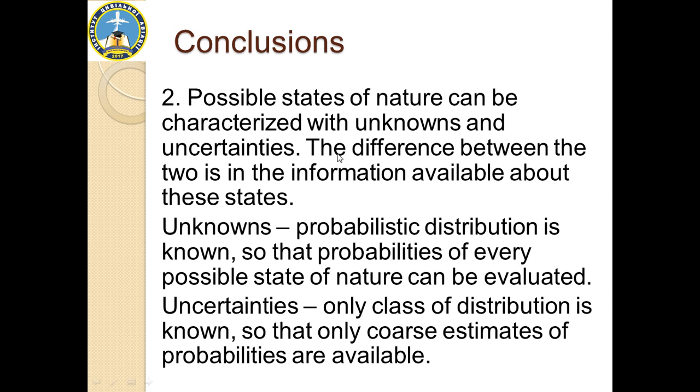Unknowns involve a probabilistic distribution. Unknowns means that the probabilistic distribution is known, so that the probabilities of every possible state of nature can be evaluated. Uncertainties, we know only the class of distribution, so we can have only coarse estimates of probabilities.